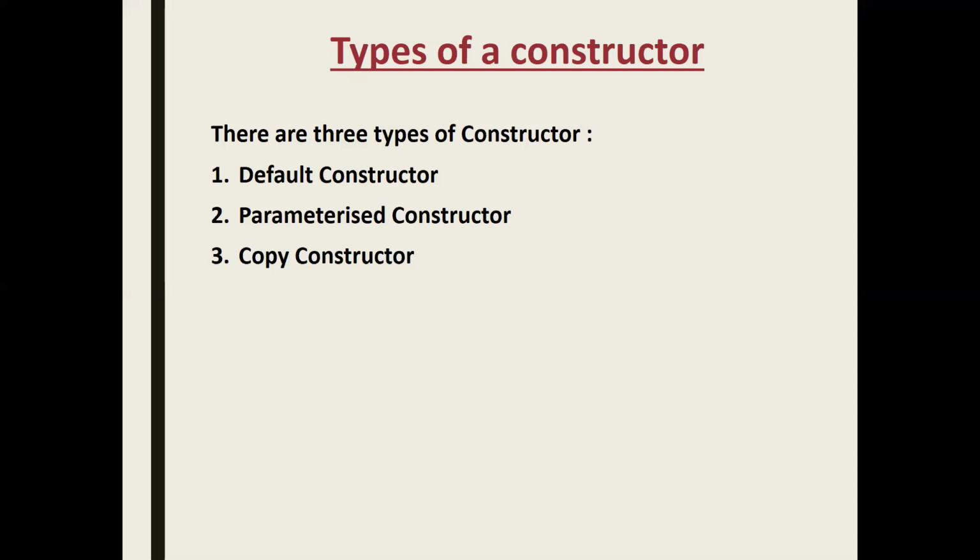And the copy constructor: if you are copying a particular object, here the pointer concept is used. You are passing the object as a parameter, and the object address will be initialized to the other object. I repeat, you are passing the object as a parameter, and you are initializing the address of the parameter to the other object.